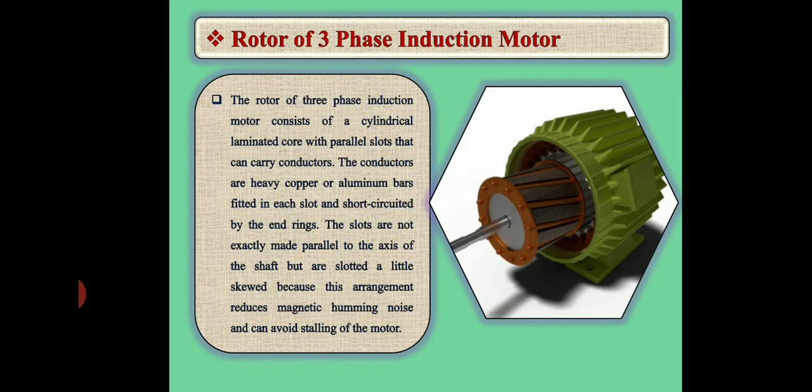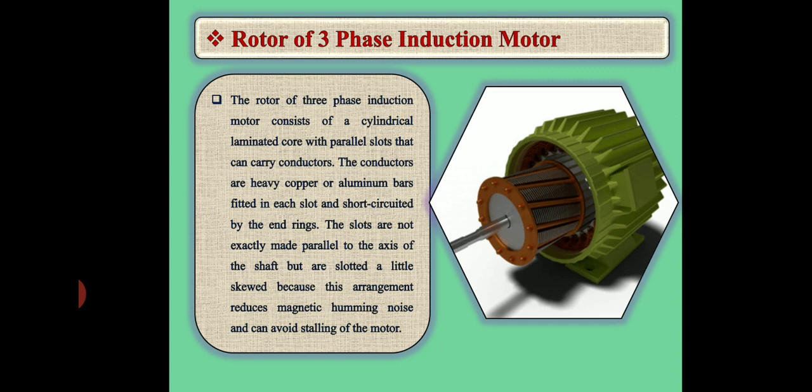Next, the rotor of three-phase induction motor. The rotor is the rotating part of the three-phase induction motor. In the figure, we can see the basic diagram of the rotor. The rotor consists of a cylindrical laminated core with parallel slots that can carry conductors.